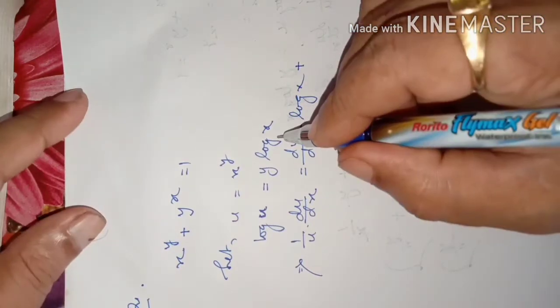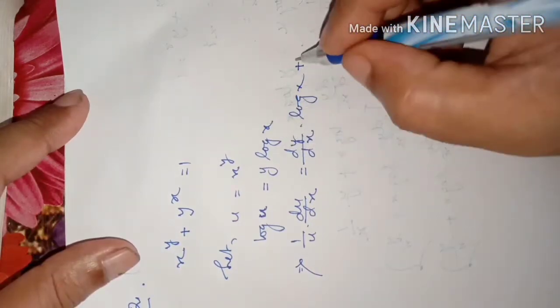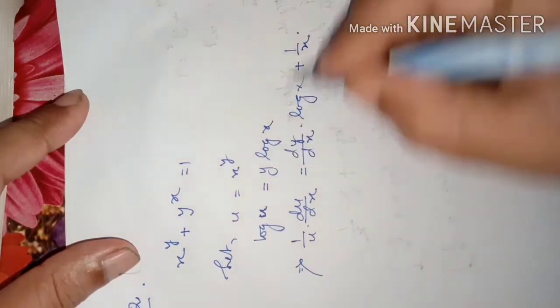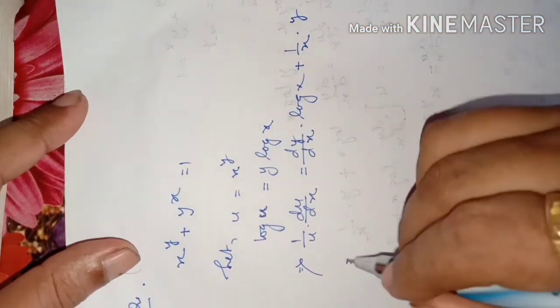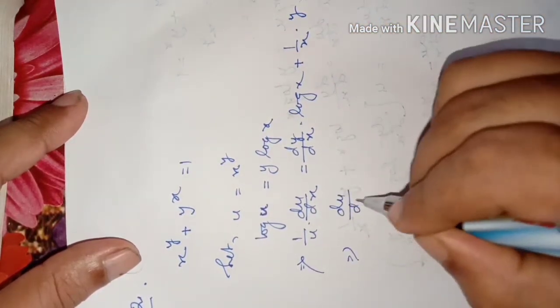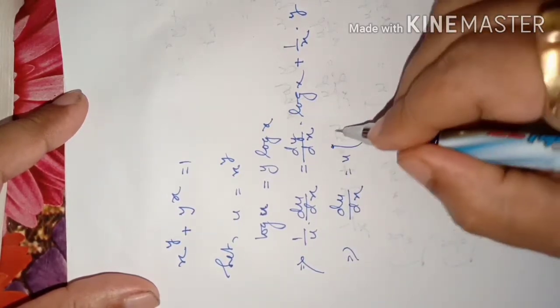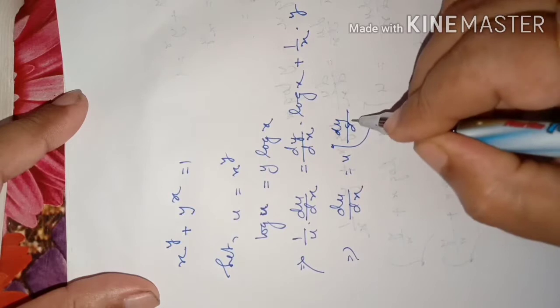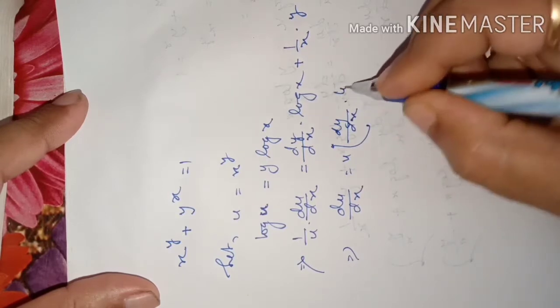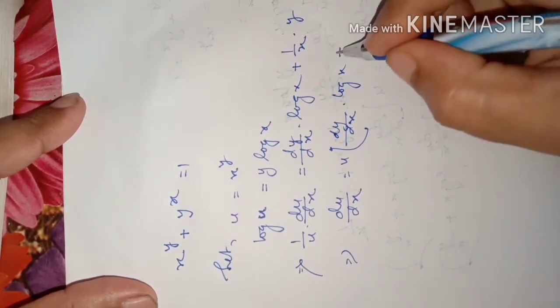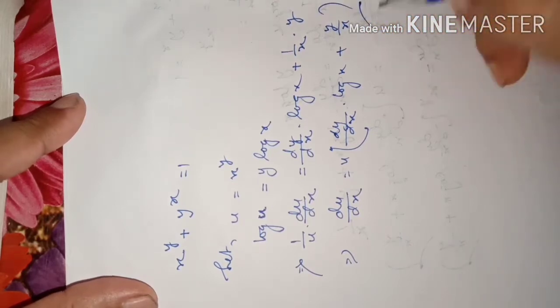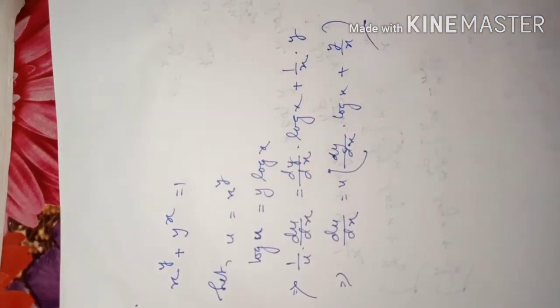So the derivative of log x is 1 by x, then into y. So this will be du by dx is equal to u into dy by dx into log x plus y by x. Okay, so this is du by dx.